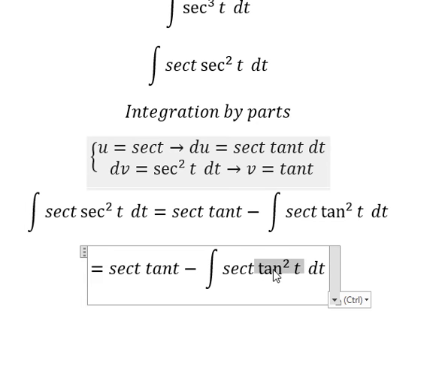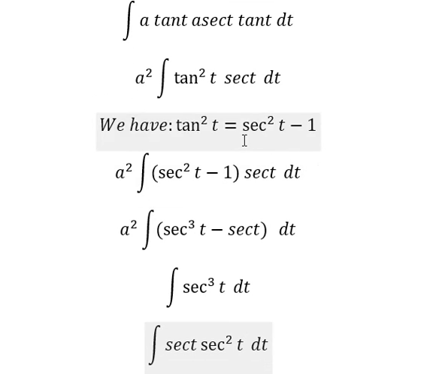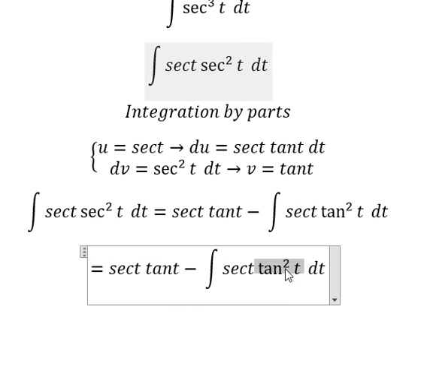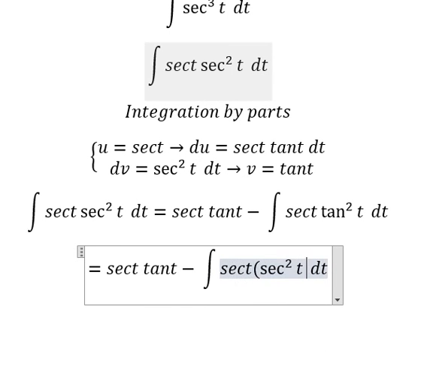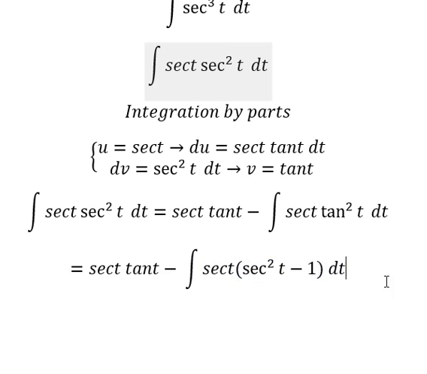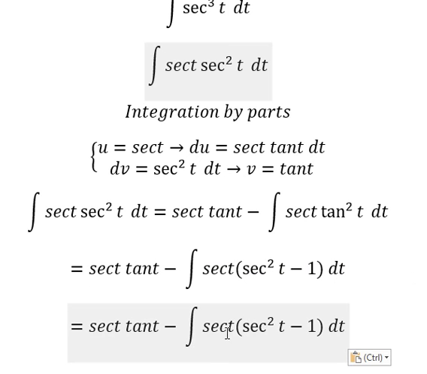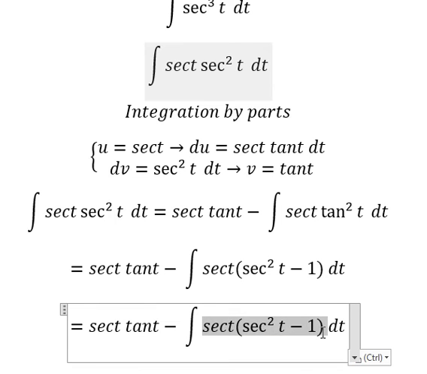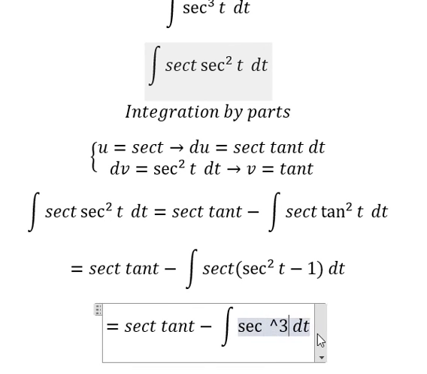So tan t square, that is secant of t square minus number 1. So secant of t with secant of t square, that is secant of t to the power of 3.